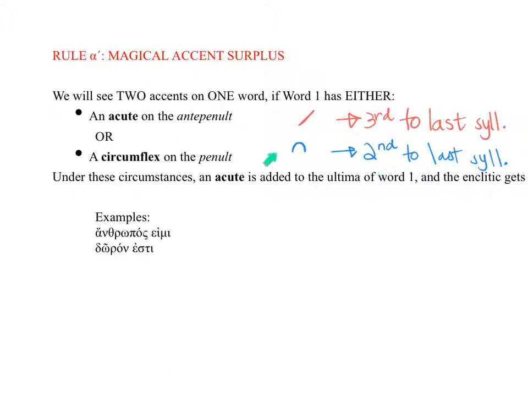If we have either of these circumstances in word one, and word one is followed by an enclitic, then we're going to see two accents on that word.